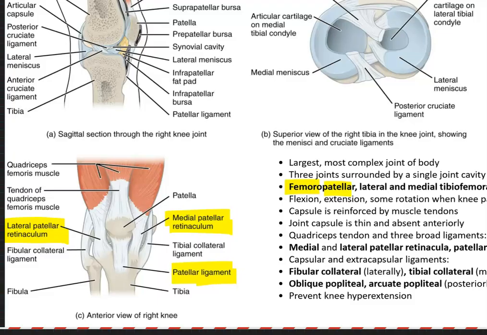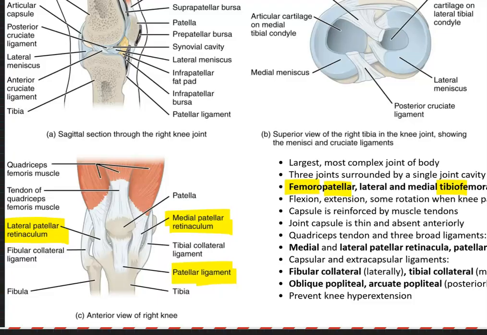You have the tibia, and technically speaking, you also have the fibula there, although the knee does not articulate with the fibula. There's no joint between the femur and the fibula. Okay? So that's the front side.